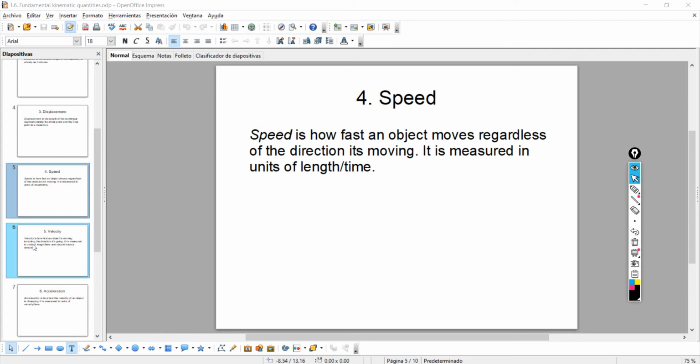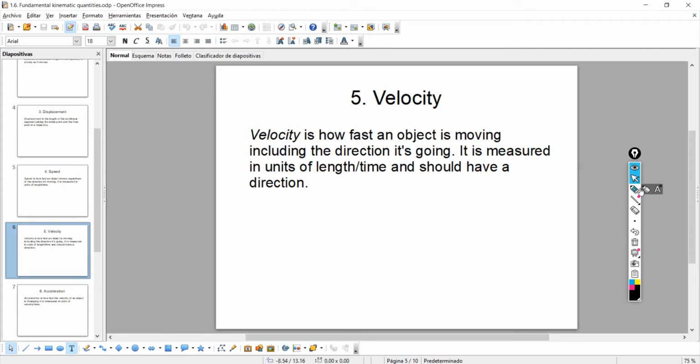from velocity. Velocity is a little more complex. Velocity is this. Velocity is how fast an object is moving, including the direction it's going. It is measured in units of length over time and should have a direction. Let me explain to you what I mean by this, using the same example of the cars. So you have this car moving in this direction at a speed of 50 kilometers per hour.